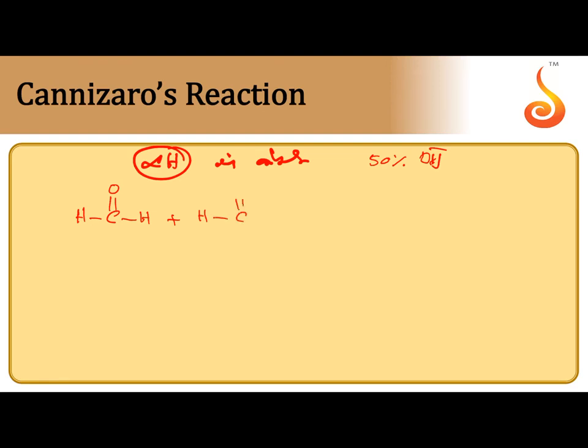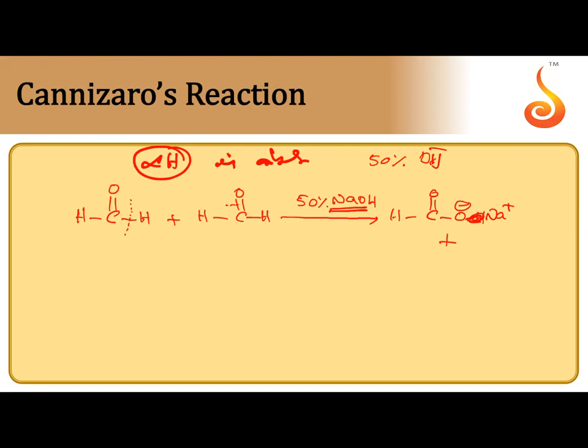When an aldehyde without alpha hydrogen is treated with concentrated alkali, 50% sodium hydroxide, the same carbon undergoes oxidation as well as reduction. Disproportionation takes place. One formaldehyde undergoes oxidation due to insertion of oxygen, giving HCOOH. Formic acid is obtained, but formic acid undergoes neutralization with NaOH, forming sodium formate.